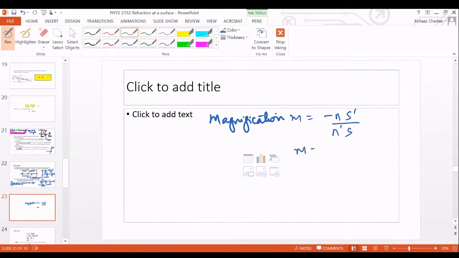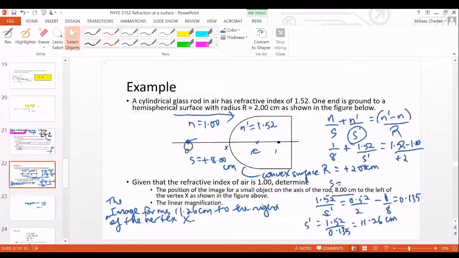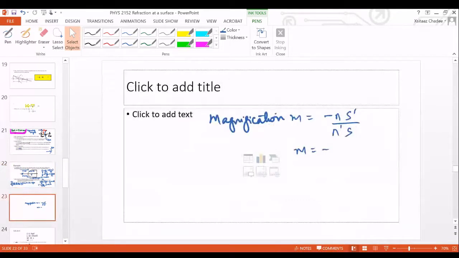So m is going to be equal to minus, our n is refractive index of the first medium, which is 1.00, multiplied by S prime.